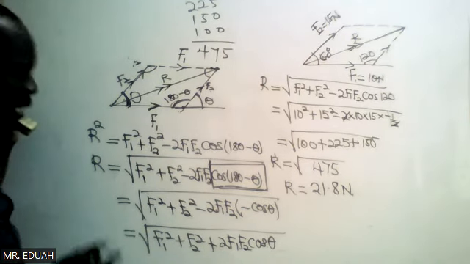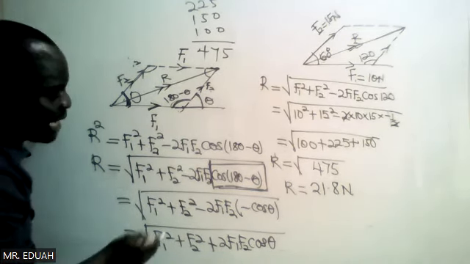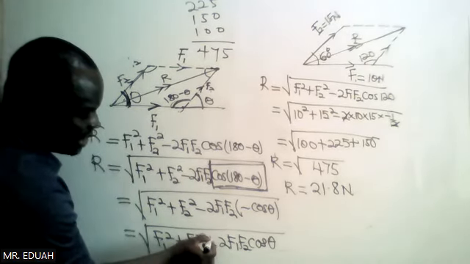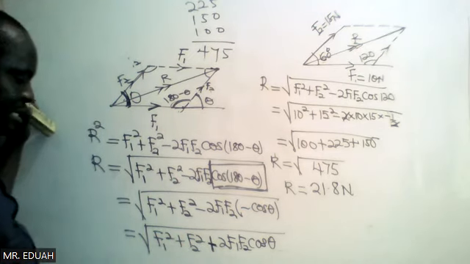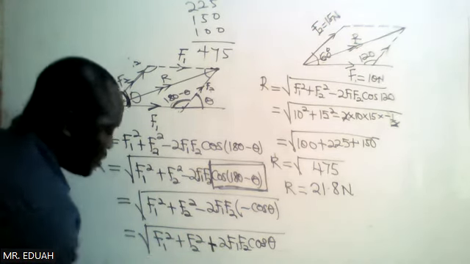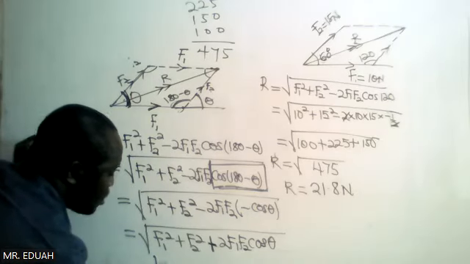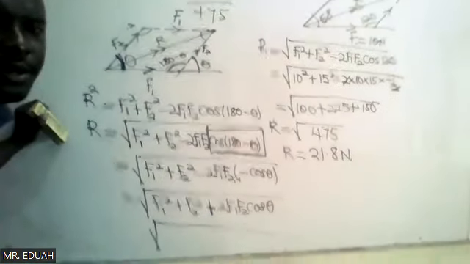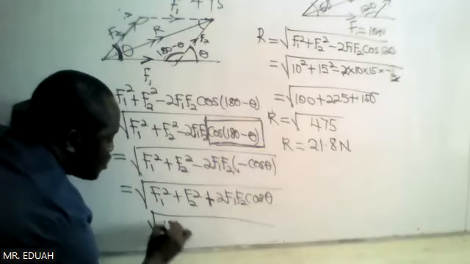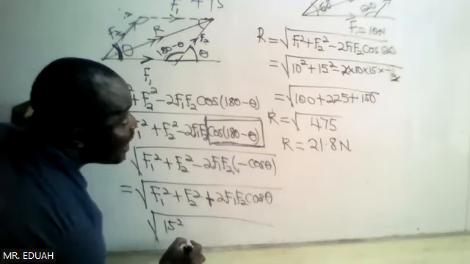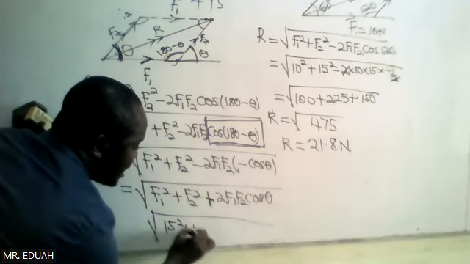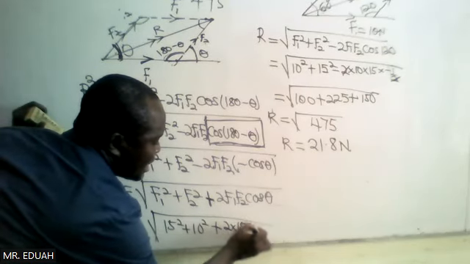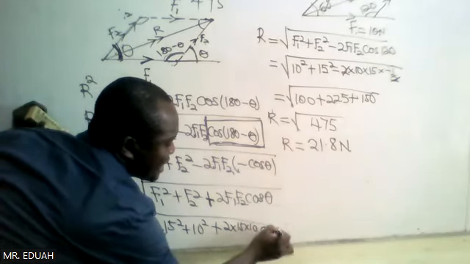Then I was also saying that I can also use the angle given to me straight. But this time the only difference is this changes to plus. So square root of 15 squared plus 10 squared plus 2 times 15 times 10 times cos 60.